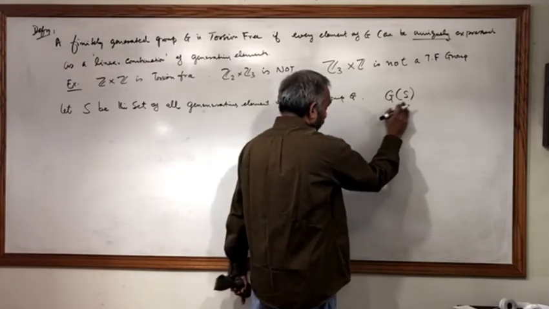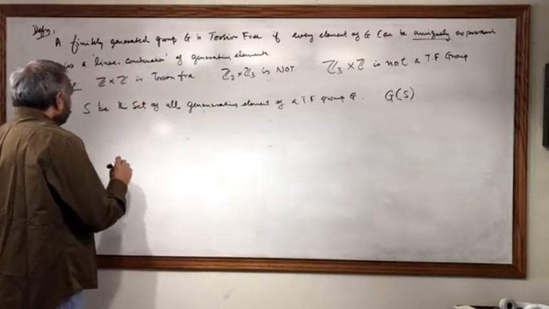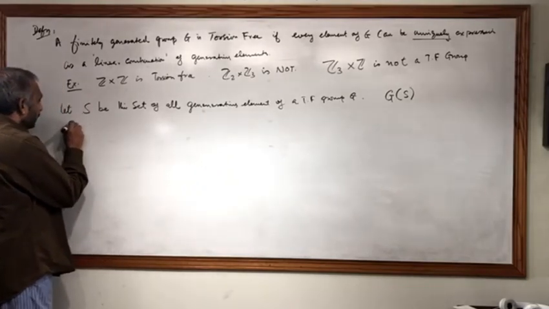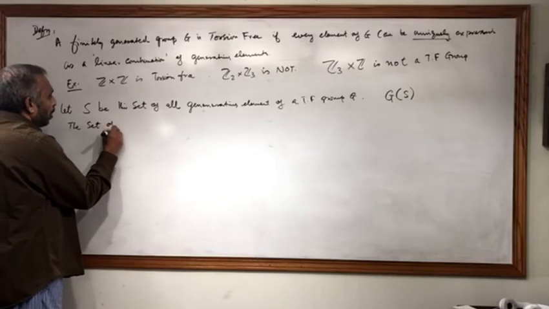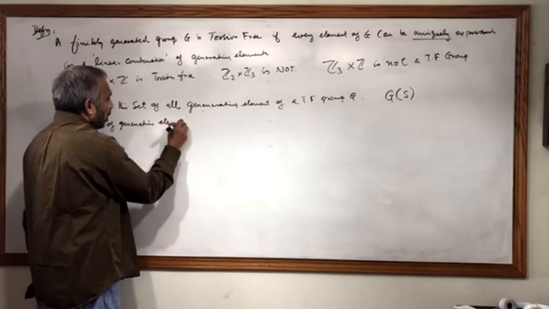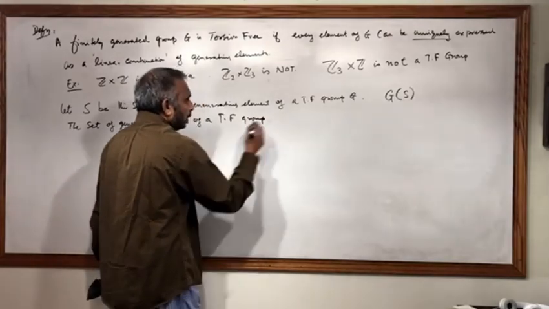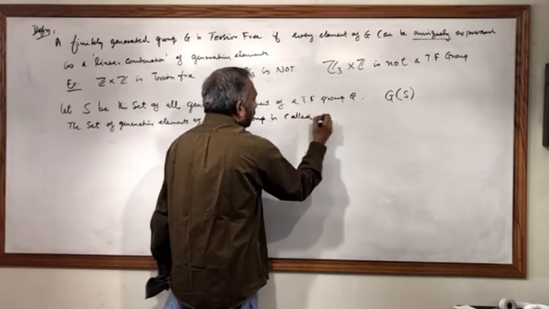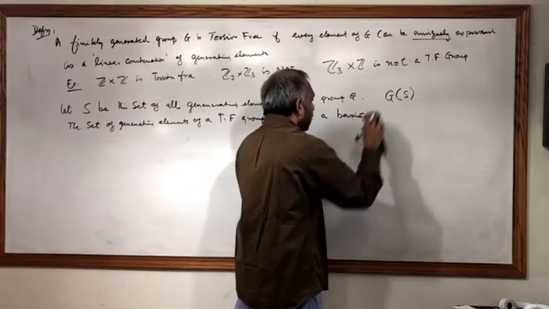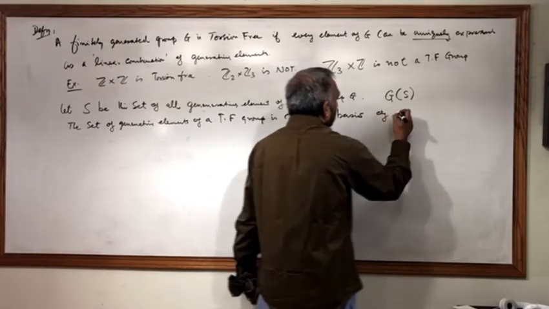This we use only when it is torsion-free. So the set of generating elements of a torsion-free group is called a basis of the group.